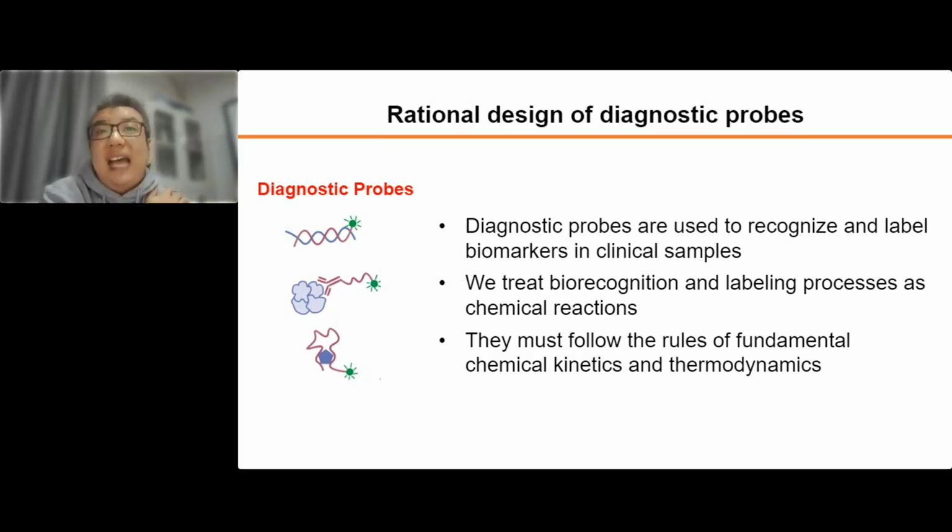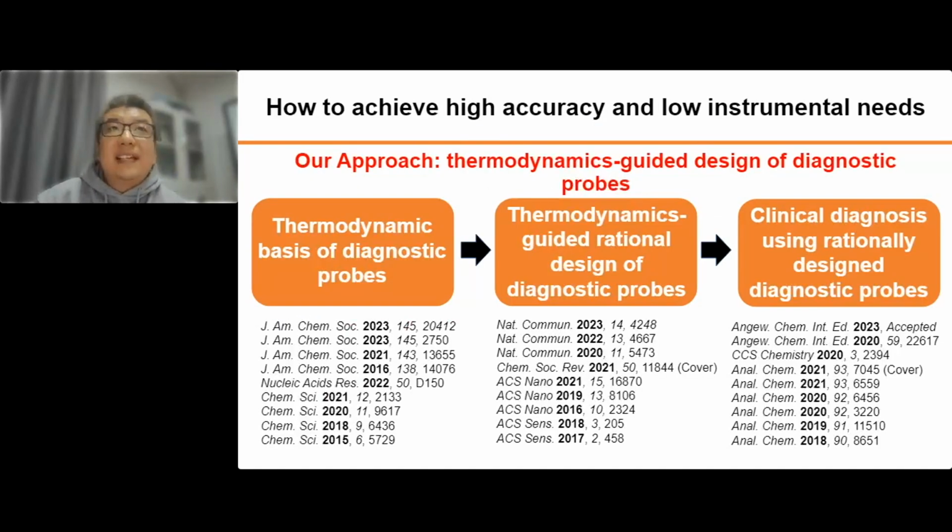Since they are chemical reactions, they must follow the rules of fundamental chemical kinetics and thermodynamics. So this serves as the basis of the major approach in our lab, which is the thermodynamics-guided design of diagnostic probes. The goal is to achieve both high accuracy and low instrumental needs.